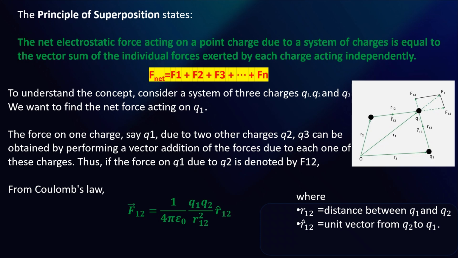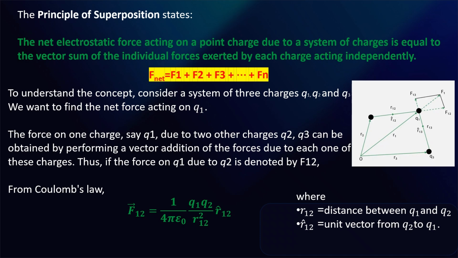The force on charge Q1 due to charge Q2 can be denoted by F12. From Coulomb's law, the force on charge Q1 due to charge Q2 is equal to 1 divided by 4 pi epsilon naught into Q1 into Q2 divided by R12 square into R12 cap, where R12 is the distance between the charges Q1 and Q2 and R12 cap is the unit vector from the charge Q2 to Q1.